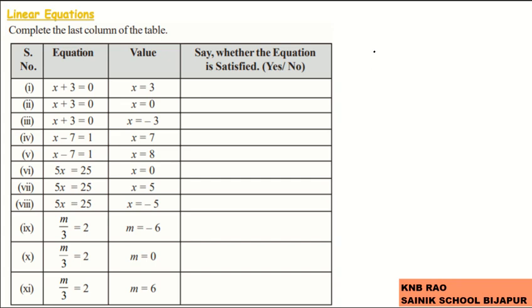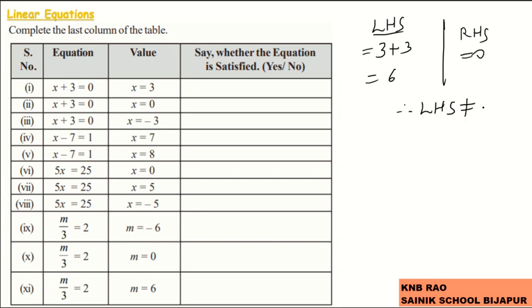So 3 plus 3 gives you the LHS value, which is 6, but the RHS value is already given as 0. Therefore the LHS value is not equal to the RHS value, so for that reason no. When x equals 0, 0 plus 3 is 3, 3 cannot equal 0, therefore it is again no.